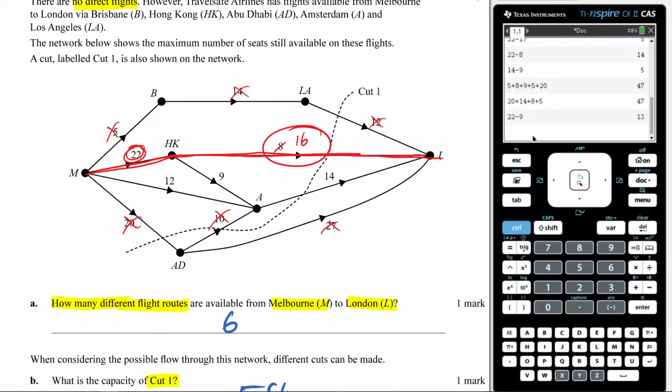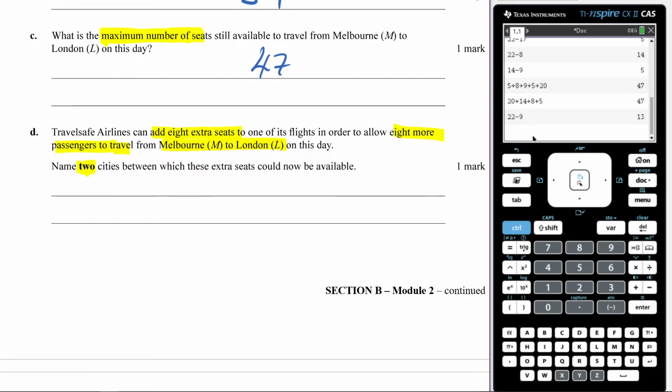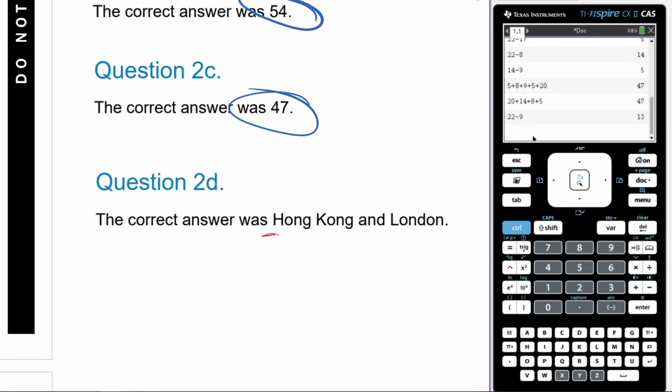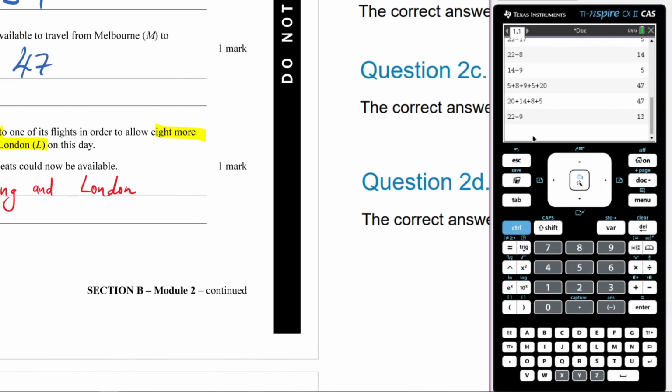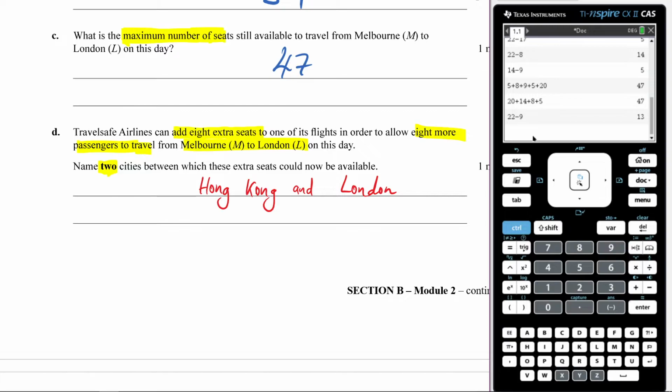So that means my answer is going to be Hong Kong to London. I can put on those additional seats. And sure enough, my answer is Hong Kong and London. So maybe I should have said Hong Kong and London, not 2. Hong Kong and London is my answer there. So name 2 cities between which these seats can now become available: Hong Kong and London.